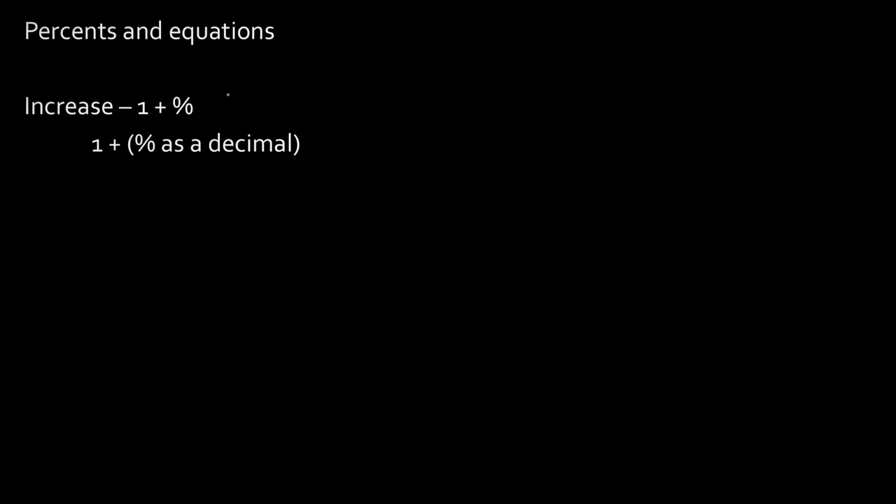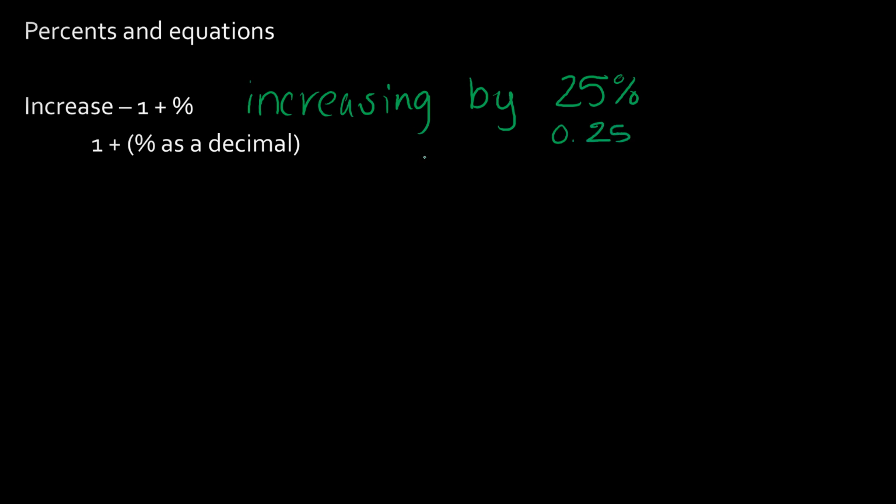So for example here, say I am increasing by, let's see, 25%. Okay, 25% as a decimal is 0.25. So if I take 1 plus 0.25, that means I'm going to have 1.25.